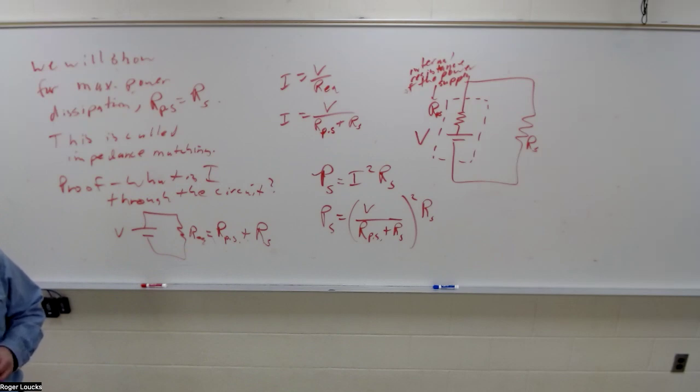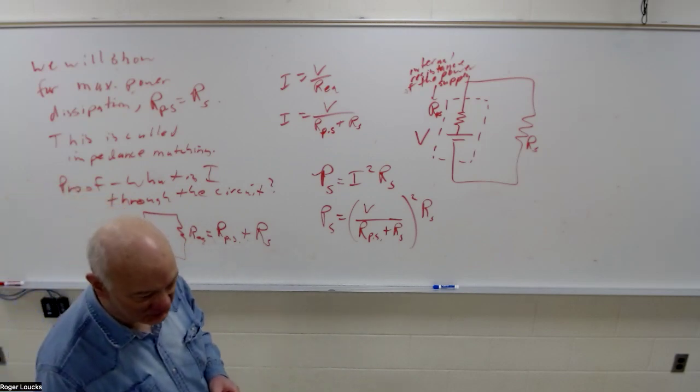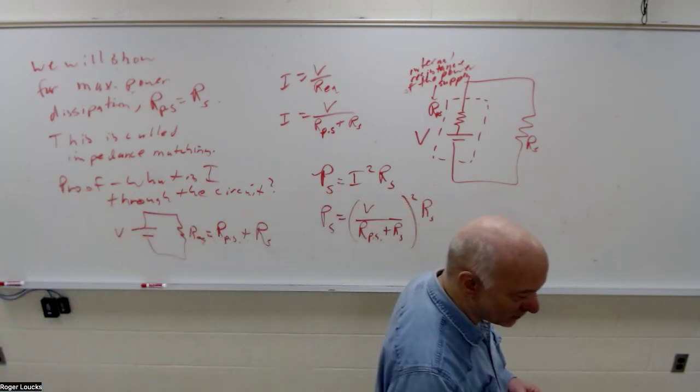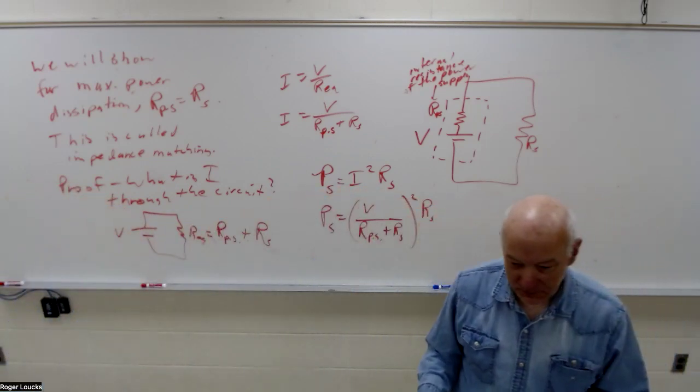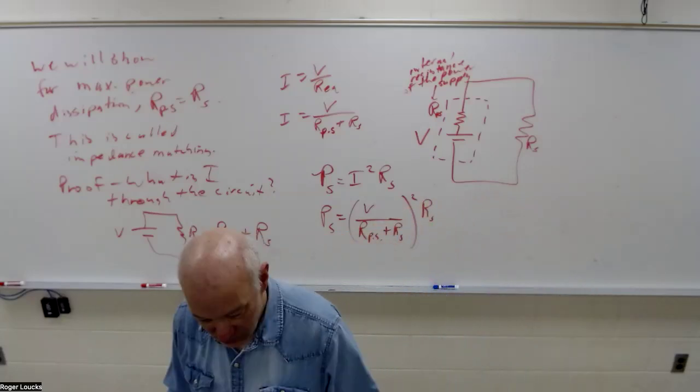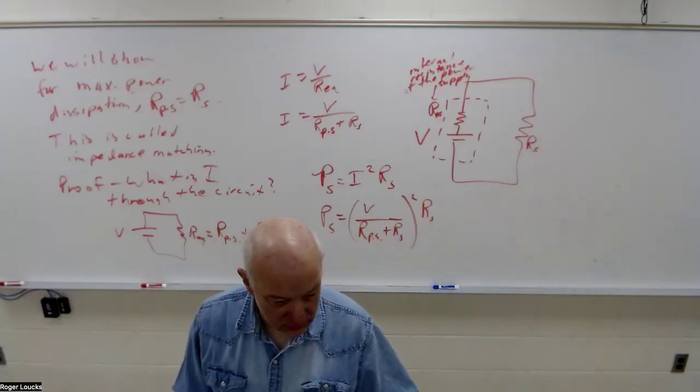You're engineers and physics majors and math majors. You're more than capable of answering this question for me. If I want the maximum power dissipated, what would you do? You're going to take the derivative and.